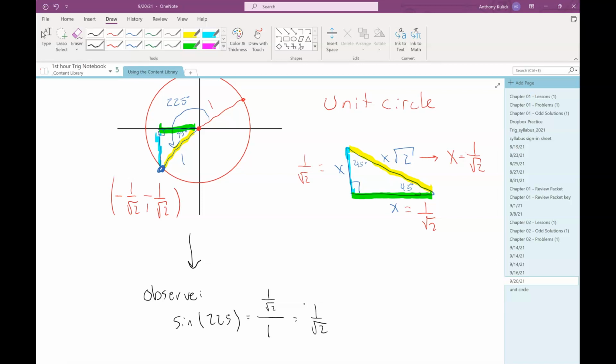And anytime I'm using a unit circle, r is going to be 1.